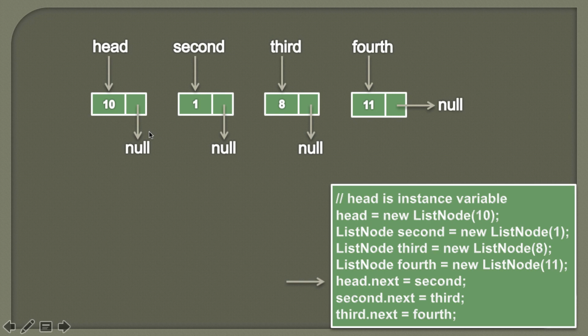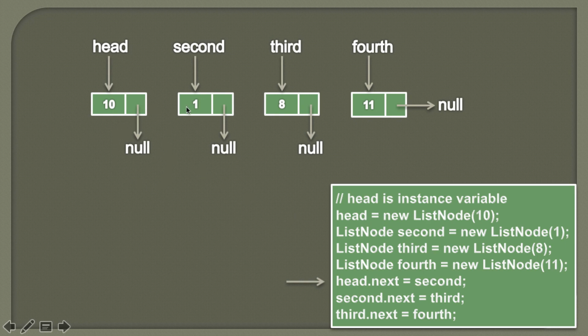So friends, in order to create a singly linked list, we connect all these 4 nodes together and form a chain. This chain is built something like this. We connect the first node to the second, second to third, third to fourth. In order to achieve this, we know that head points to a node having data as 10 and whose next is pointing to null.